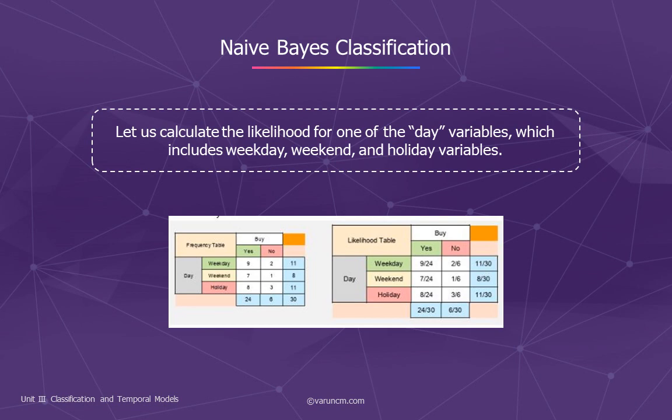So 9 by 24. Similarly, for weekend it is 7 by 24, and for holiday it is 8 by 24. Similarly, we have done this for all other values. The same thing, the likelihood table, we need to create for the other two variables, like discount and free delivery.